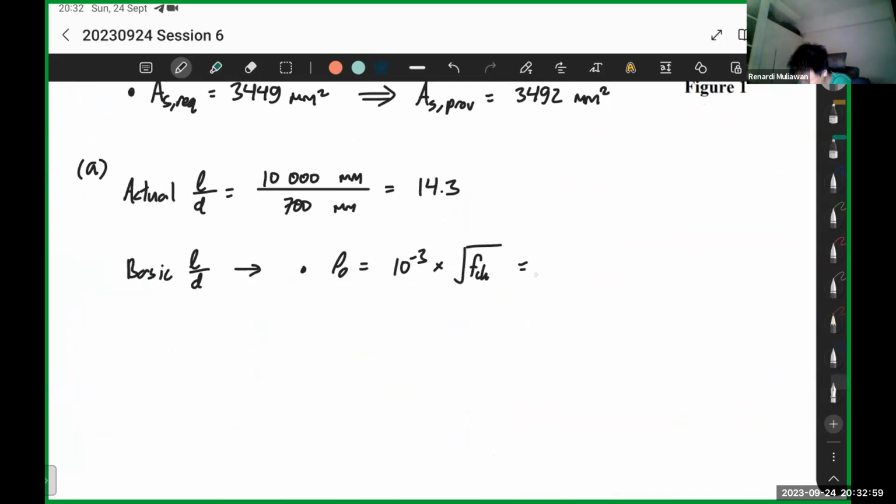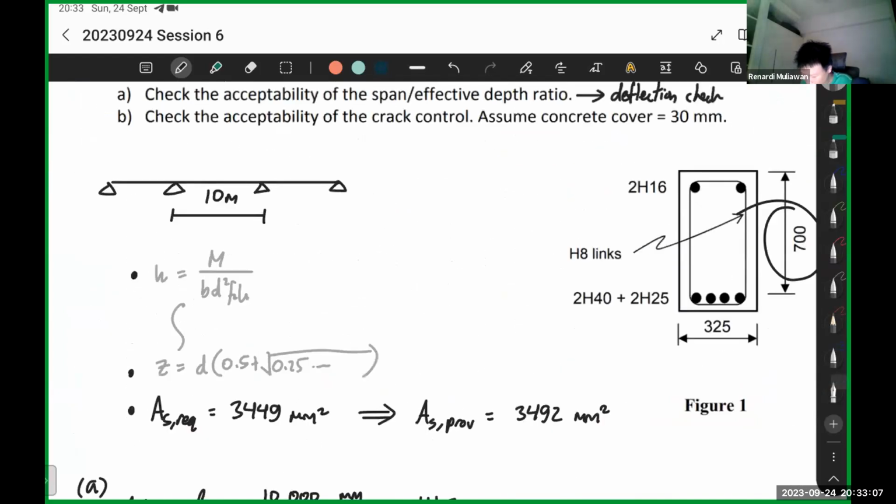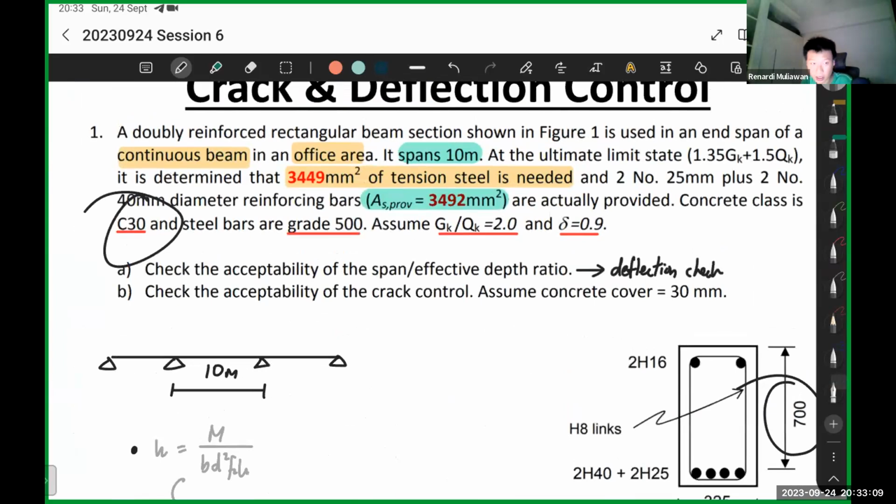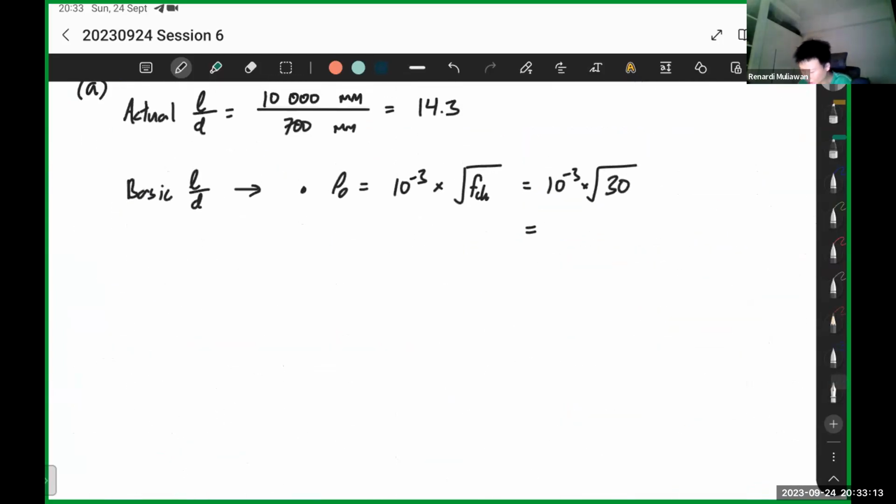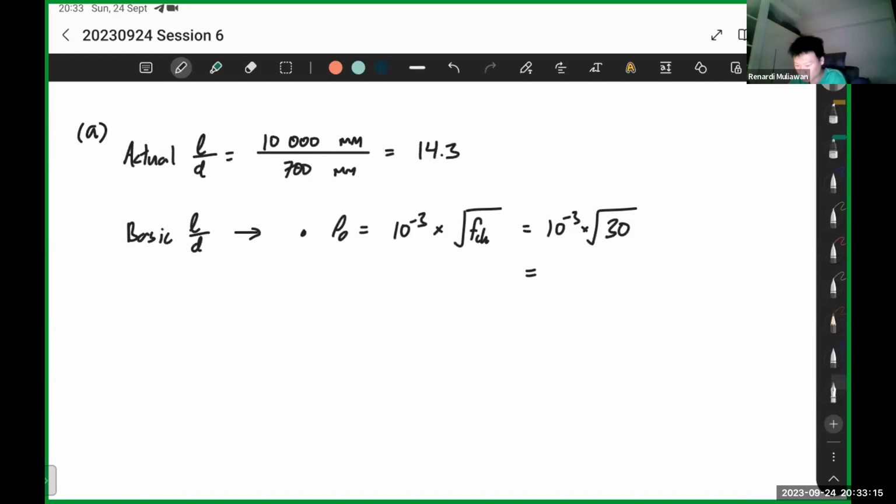So this is 10 to the negative 3 times square root of 30, because from just now the concrete class is C30. Just plug in 30 there, then you will get 0.00548.